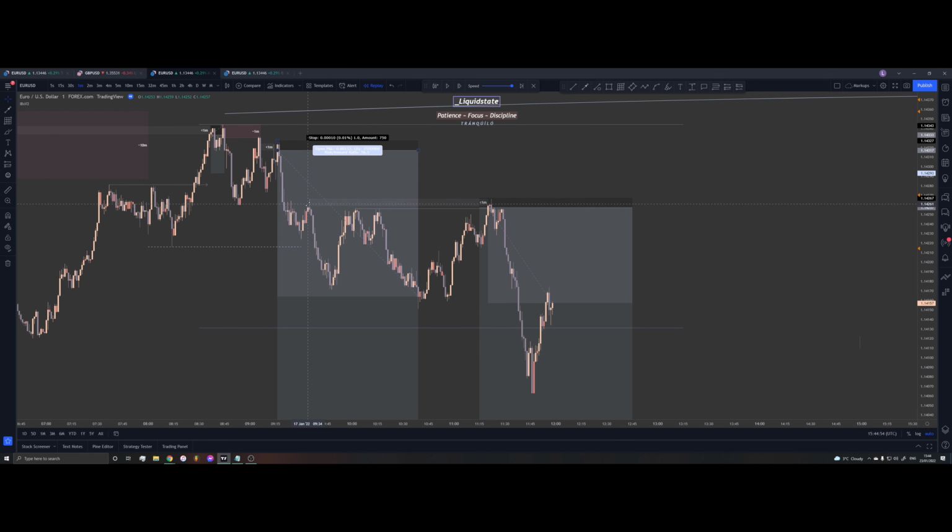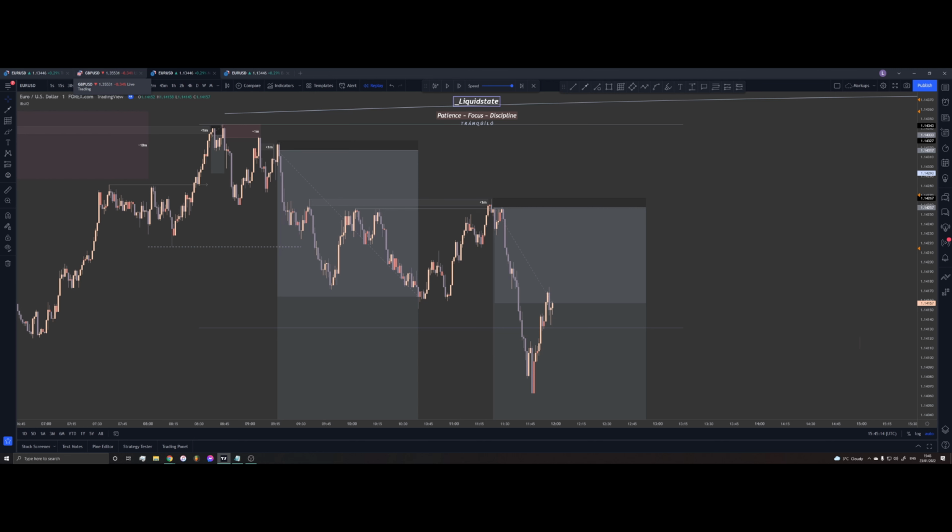So it's a peripheral extreme which has structural inducement. That is your low time frame liquidity for this entry.